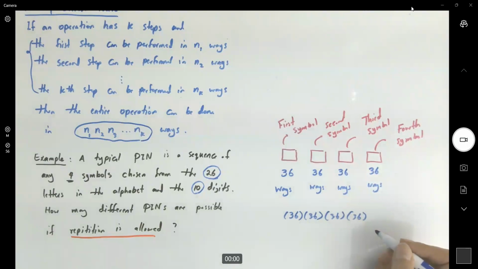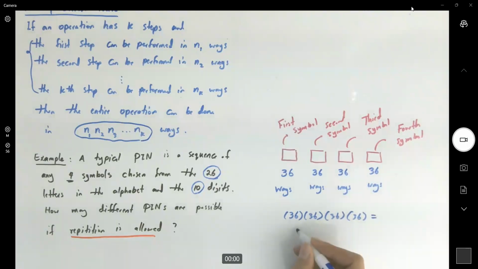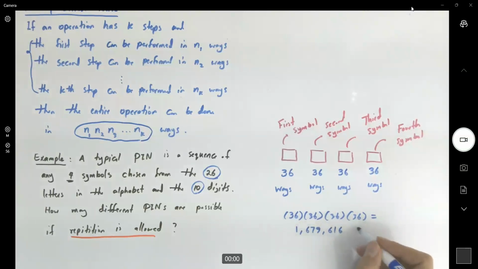If you do the algebra, you have 1,679,616 PINs available to be selected. If you change this, repetition is not allowed, or if you impose more conditions, you're going to get different numbers.